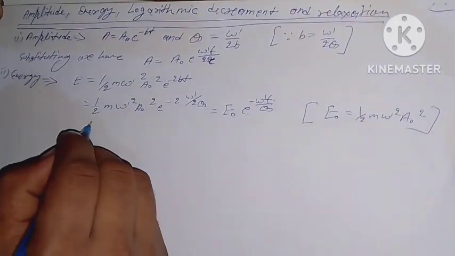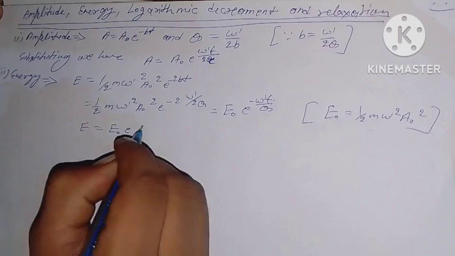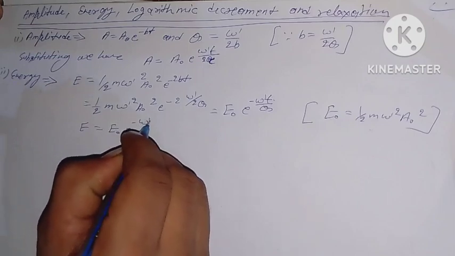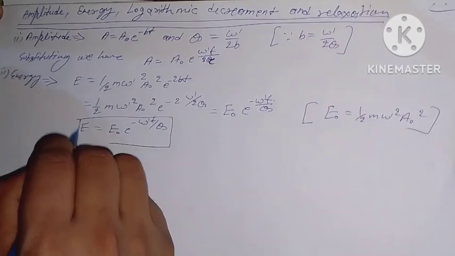So E equal to E naught e to the power minus omega dash t upon Q.